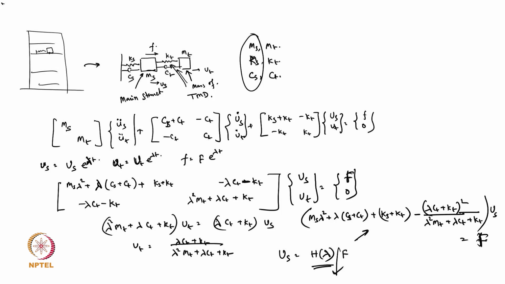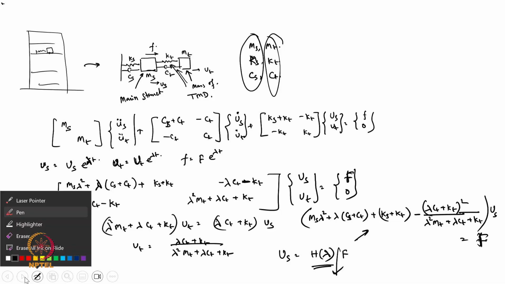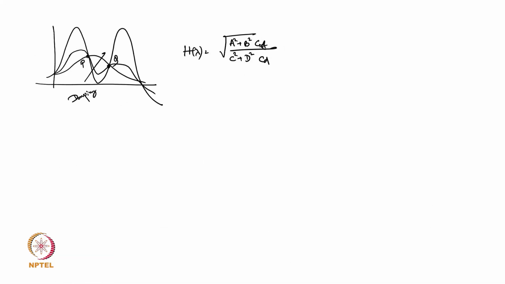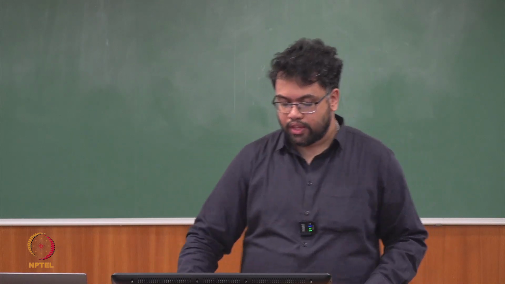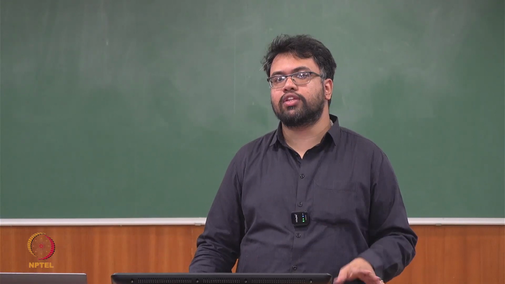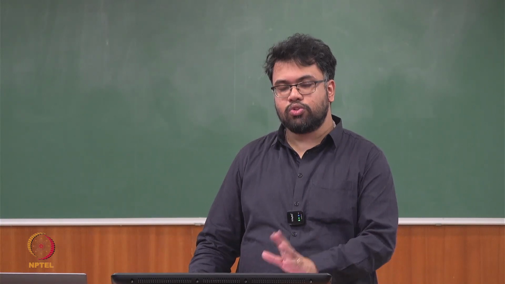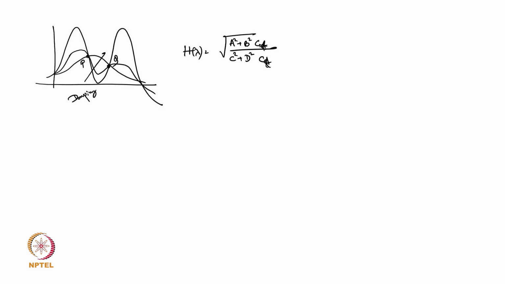So what can we change? Only we can play with this thing. So here this CT, which is nothing but the damping, we can write this H lambda in the form of the damping this way. And we also notice that this full thing is going through these 2 points P and Q.